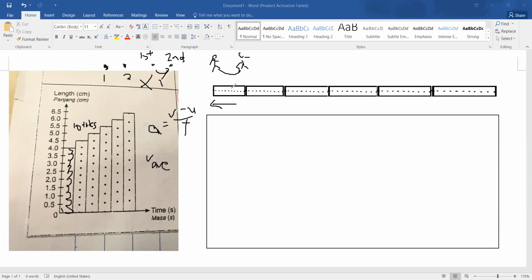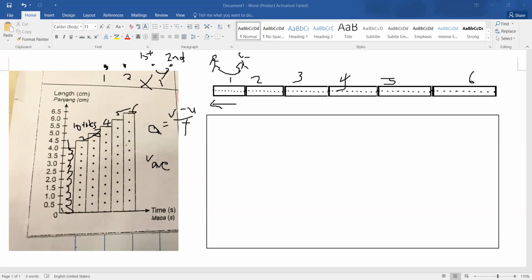The first step is the same as this one, followed by the second one, then the third, fourth, fifth, and the last one is the 6th.